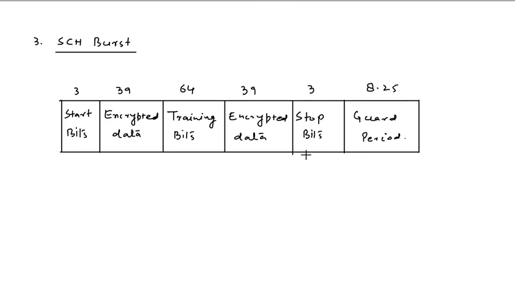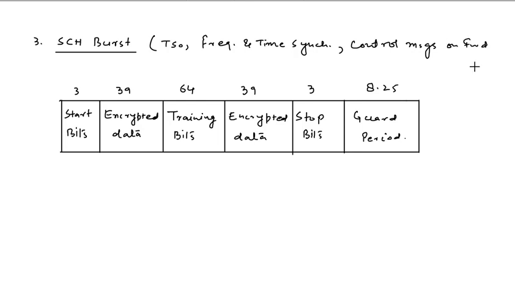Okay, and this SCH burst is called the synchronization channel burst. It is again used in time slot 0, and it is used for frequency and time synchronization. It is also used for the transmission of control messages on the forward link only.